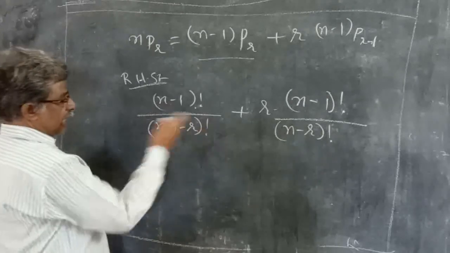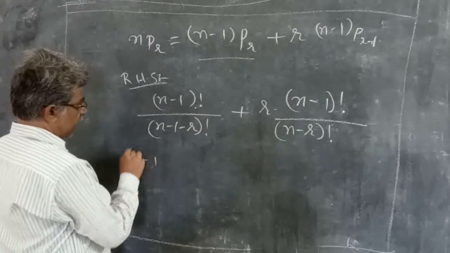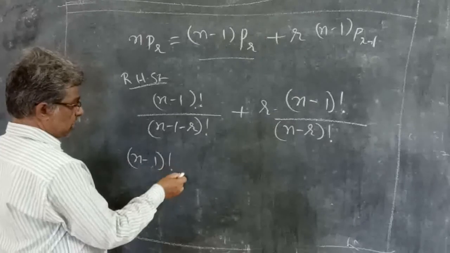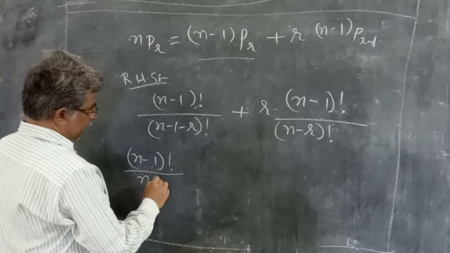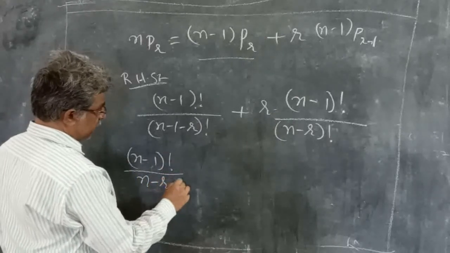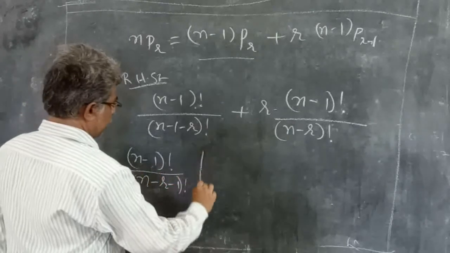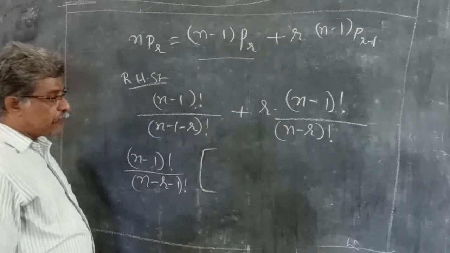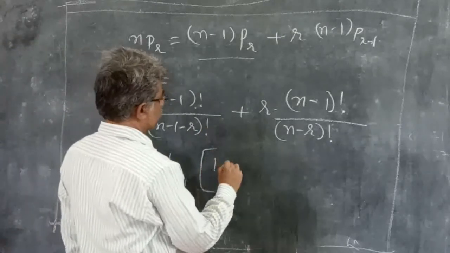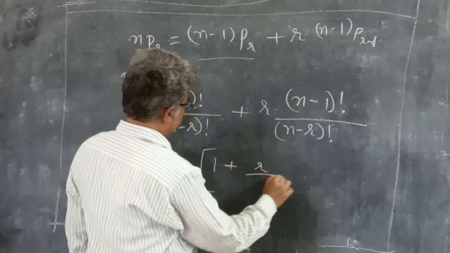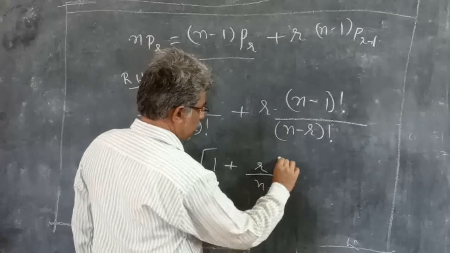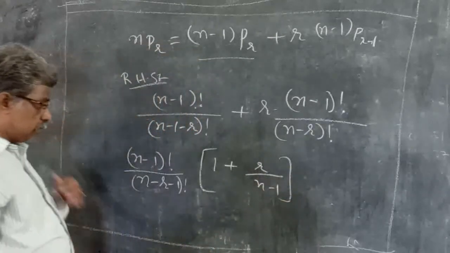So I can take n minus 1 factorial by n minus r minus 1 factorial as common. What is left out is 1 here, plus here r by n minus r.